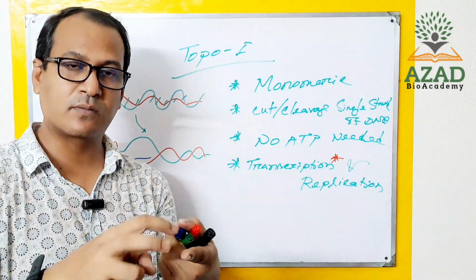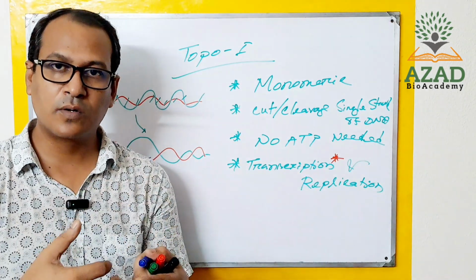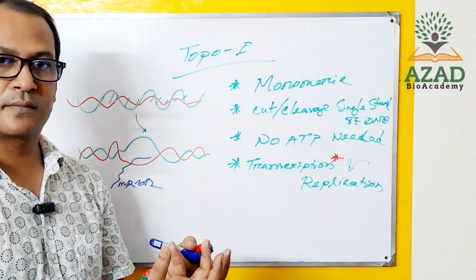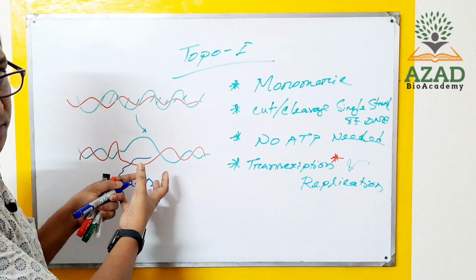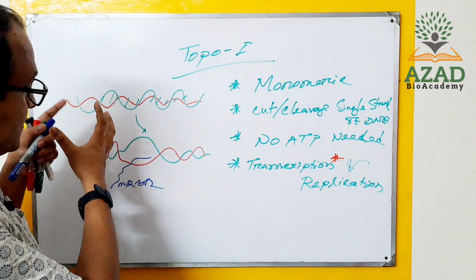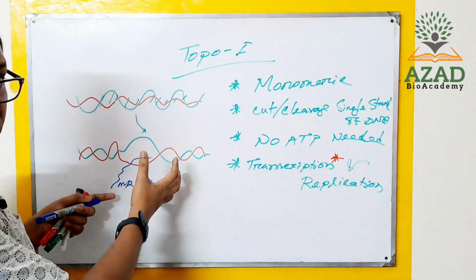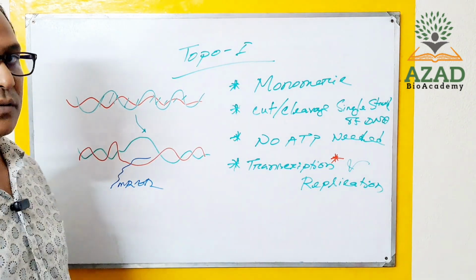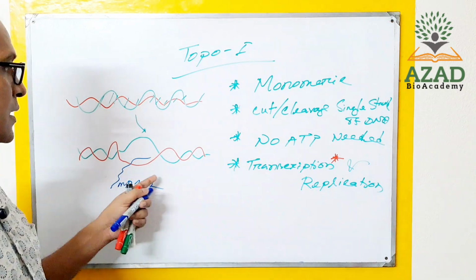But when negative supercoiling happens more and more, then it will be problematic and it will hamper the transcriptional process. So basically, in the backward area of the transcriptional stage, when negative supercoil forms, that will hamper the transcription.